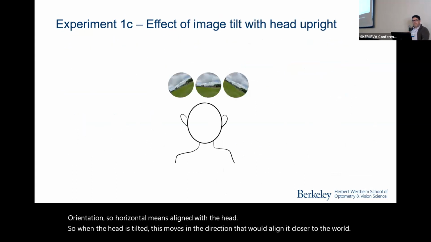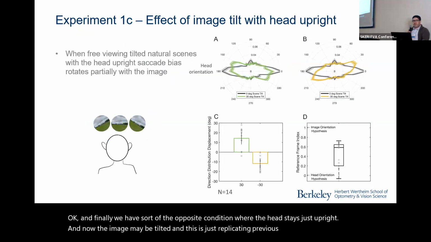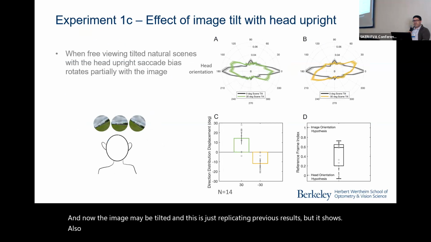Okay, and finally, we have sort of the opposite condition where the head stays just upright. And now the image may be tilted. And this is just replicating previous results, but it shows also that the saccades rotate so they align with the image, but only partially.